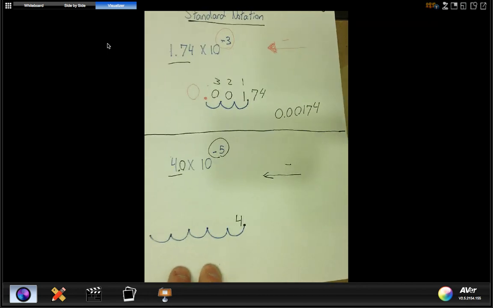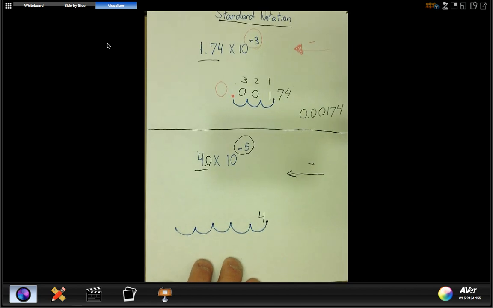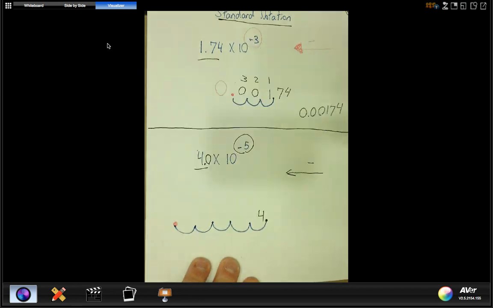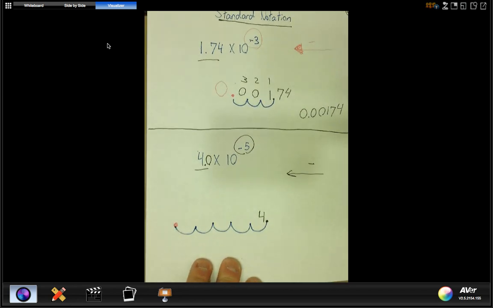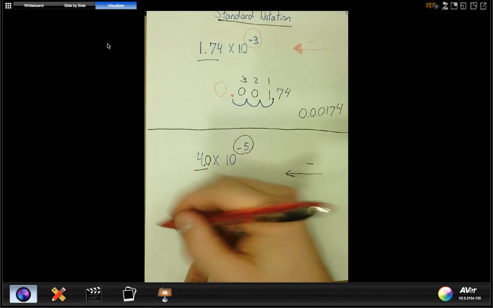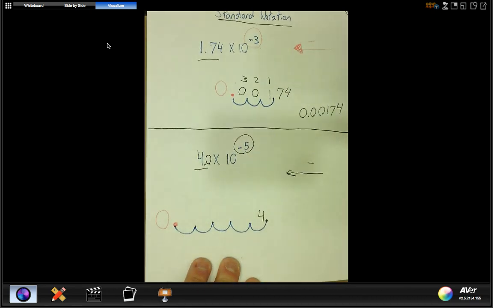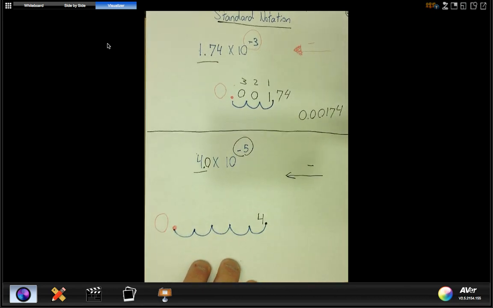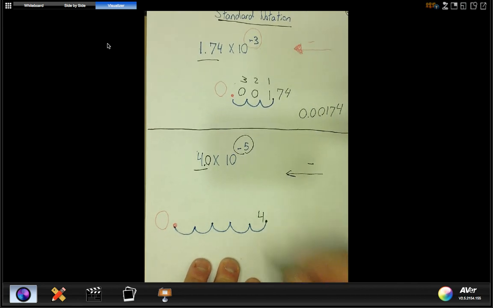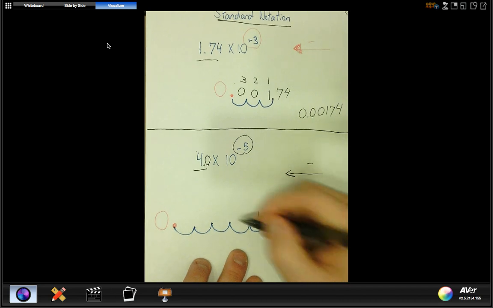A little too far over there. Put my new decimal point right at the end of where I stopped moving. And once again, just like before, it is very important to put a 0 after the new decimal point to the left of it. And again, I'll fill in my values with zeros.